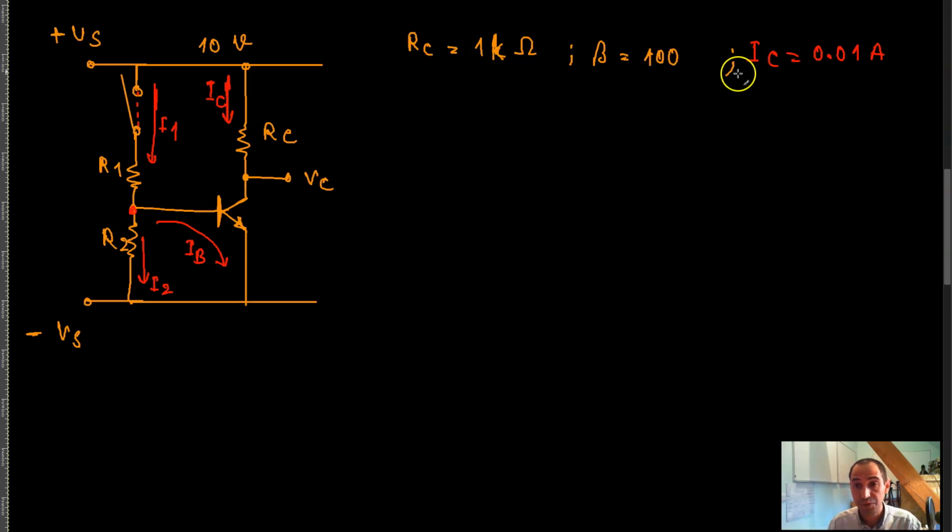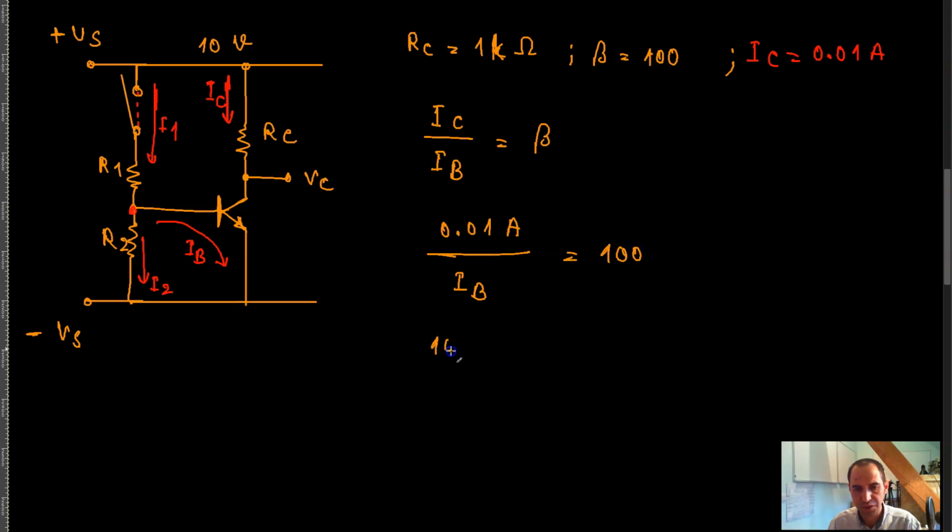Then basically what we have here is I can say that I of C over I of B is the same thing as beta, and I know that I of C over here is 0.01 amps, divided by I of B, is equal to beta, which is equal to 100, which means that 100 times I of B is equal to 0.01 amp.